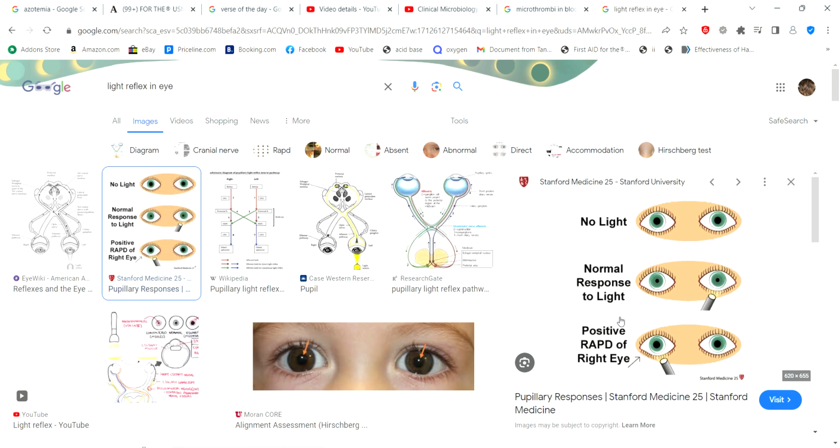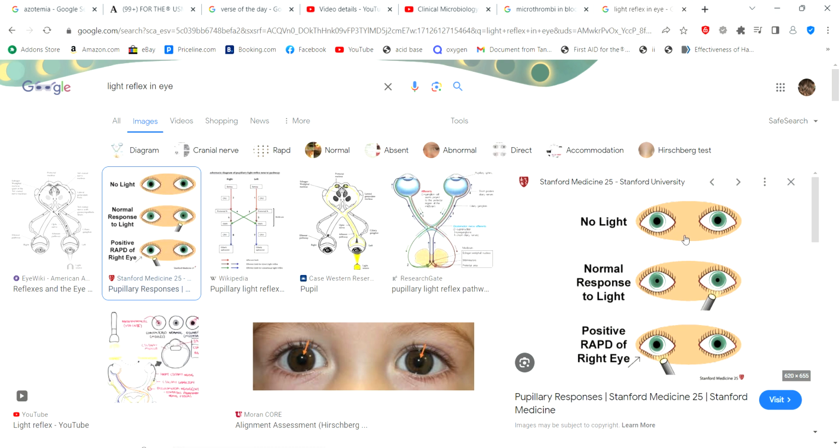A normal response to light is that the pupil will constrict because somebody's shining a light in your eye. Now, in darkness or regular light, your eye will adjust to see better.